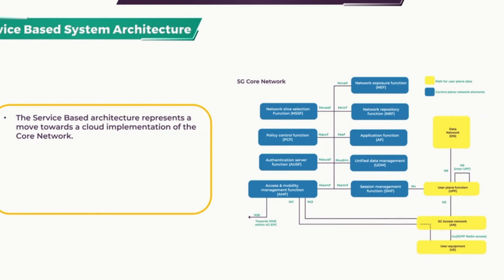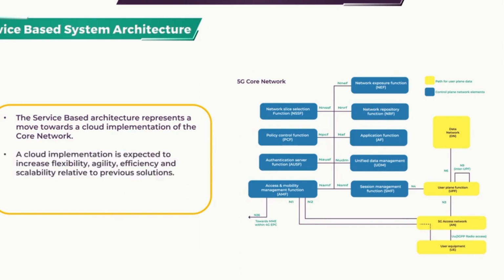A virtualized solution can provide fault tolerance by allowing the software to switch between hardware platforms in case of failure. A cloud implementation is expected to increase flexibility, agility, efficiency, and scalability relative to previous solutions.